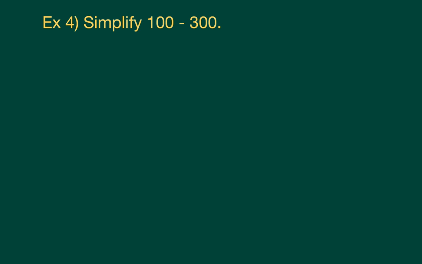But because the minuend and the subtrahend are backwards, the answer is going to change from positive to negative. So we have 100 minus 300, which is 200, and because the bigger number is second, it's going to be negative 200.